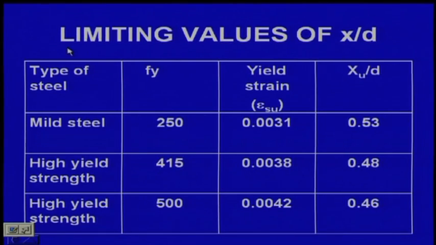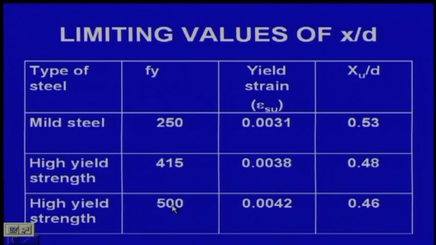So, limiting values of x by d, type of steel: mild steel, high yield strength, Fe250, Fe415, Fe500.